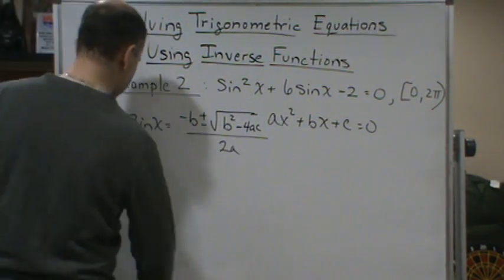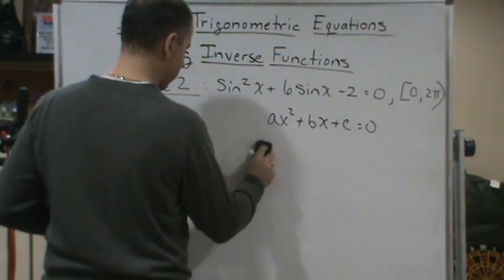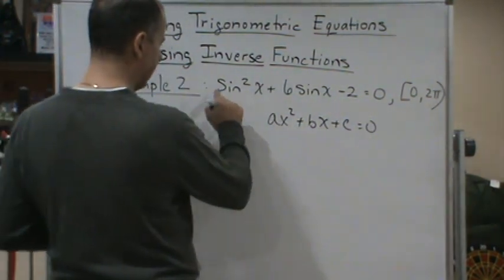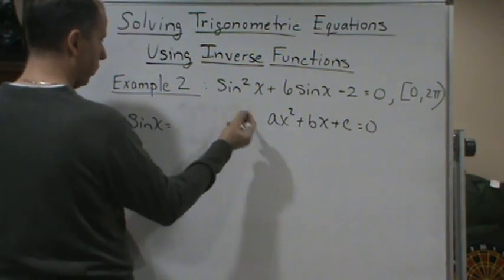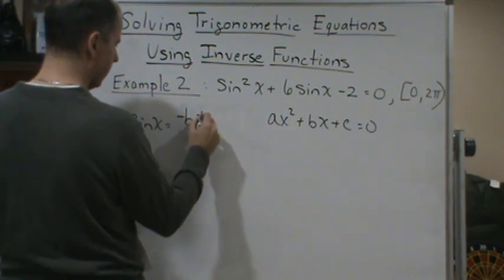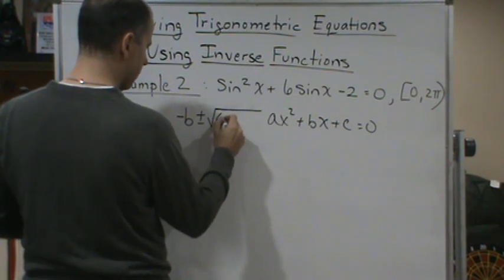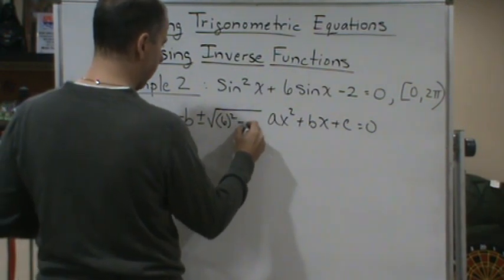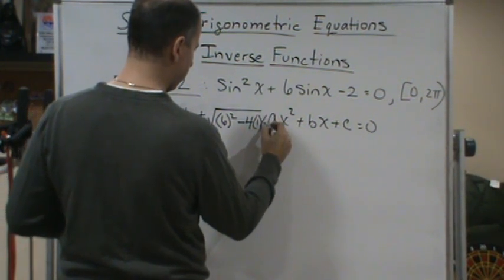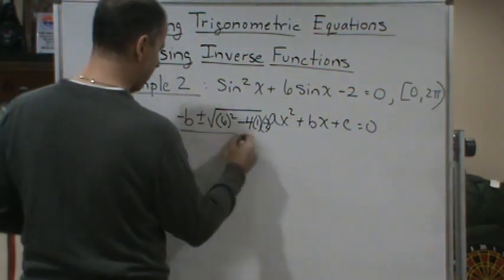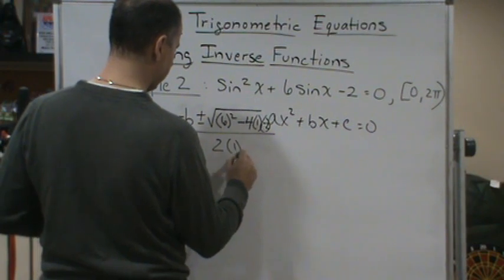So in this case, A is 1, B is 6, C is -2. So this is going to be -6 plus or minus the square root of B squared, which is 6 squared, minus 4 times A, which is 1, times C, which is -2, divided by 2A, 2 times 1.